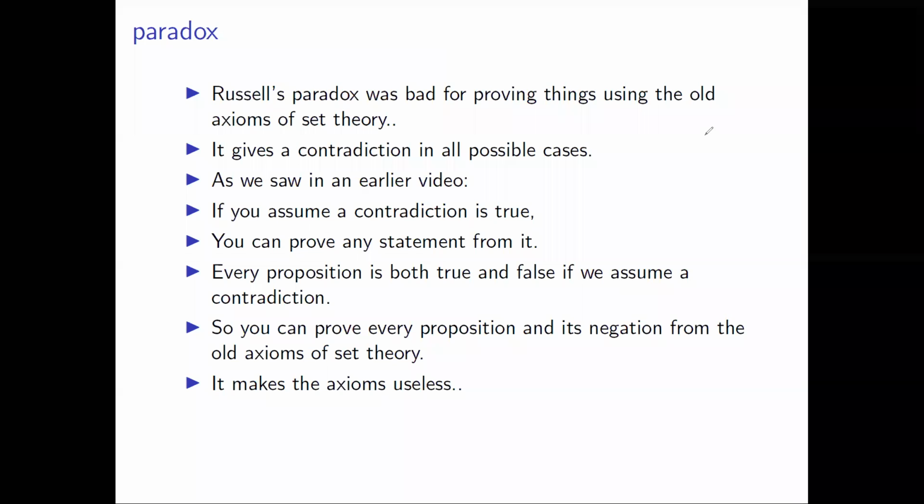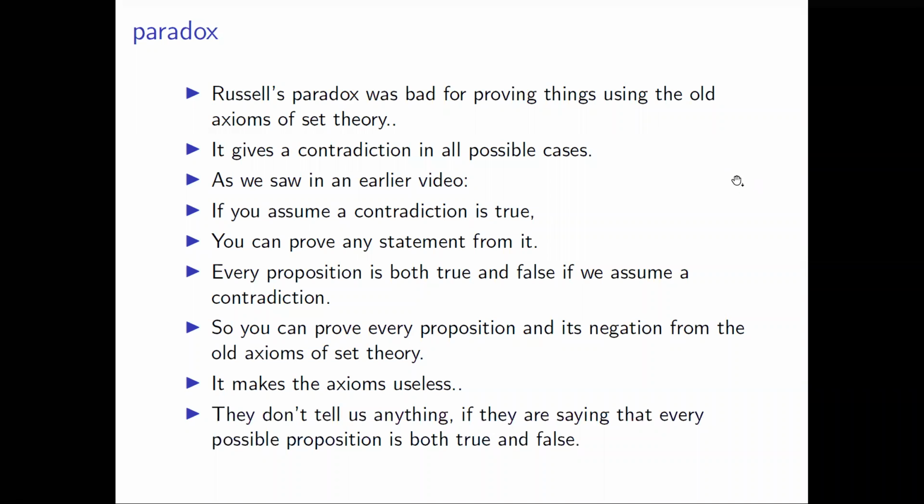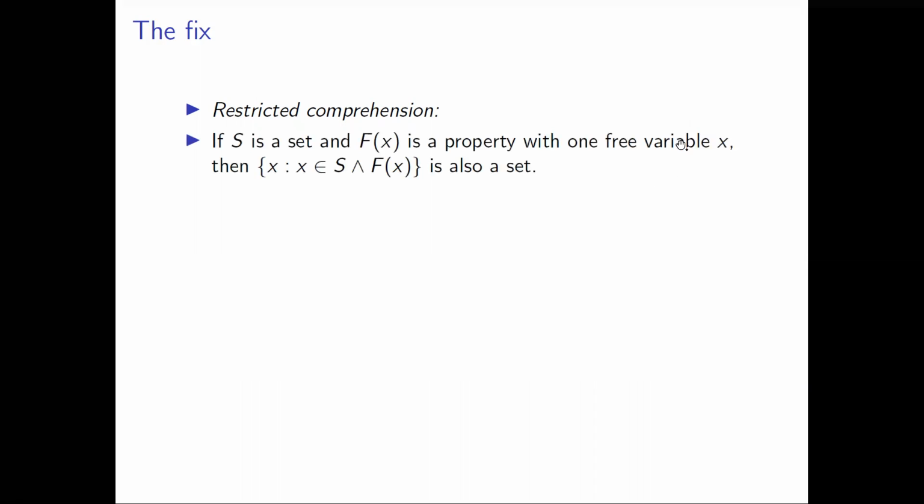But the good thing is there is a fix, and the fix is pretty simple. So we talked about unrestricted comprehension. The fix is just to restrict the comprehension, and it's called naturally restricted comprehension.